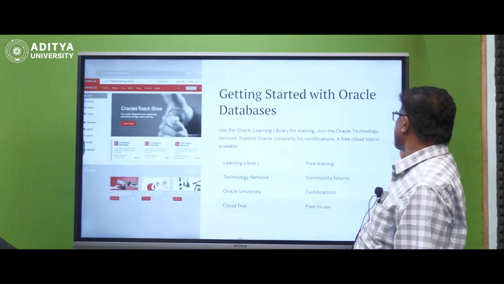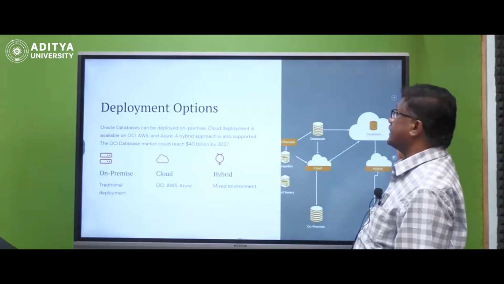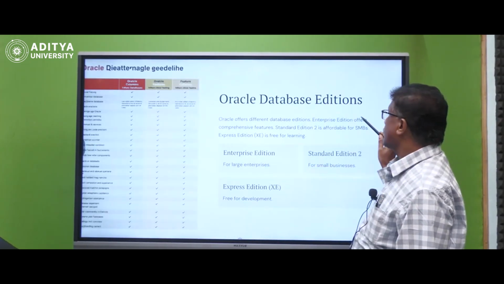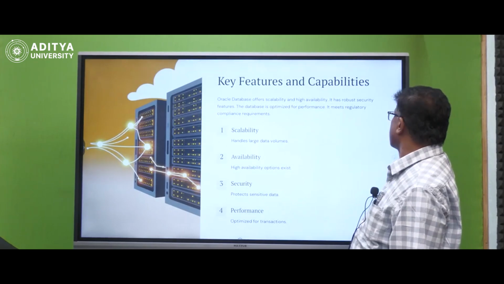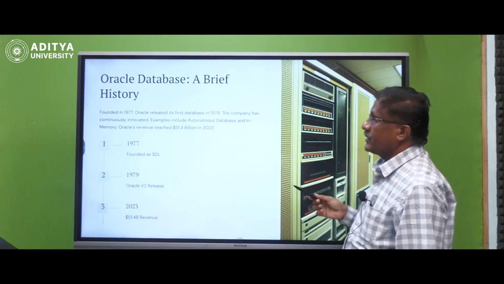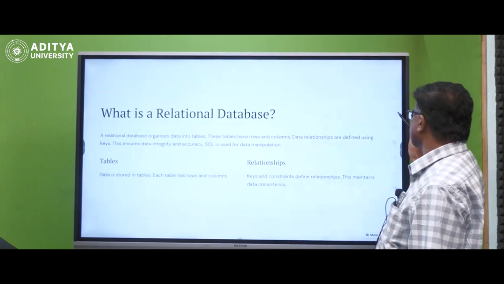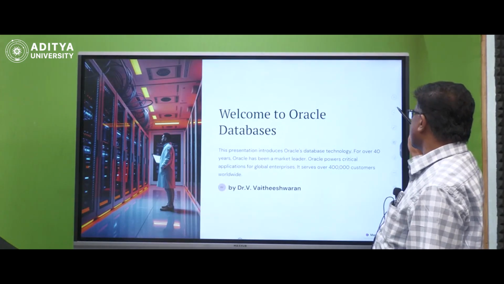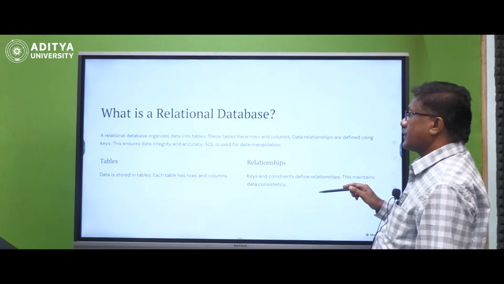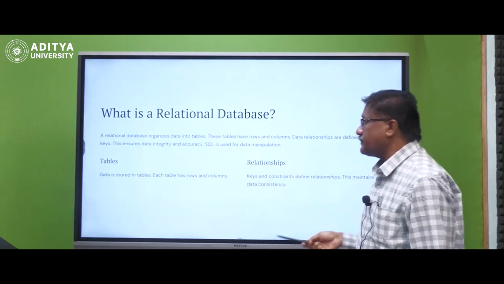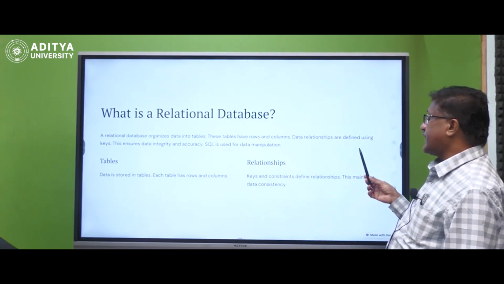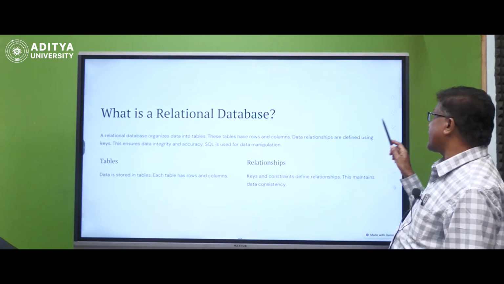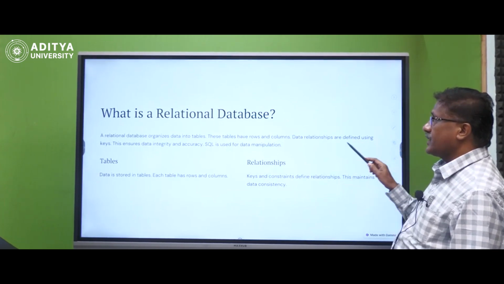Now, up to now, we talked about the basic introduction. Once again repeating, then we will go to the second topic, Oracle database. A database consists of rows and columns, and data relationships are defined using integrity constraints and keys.